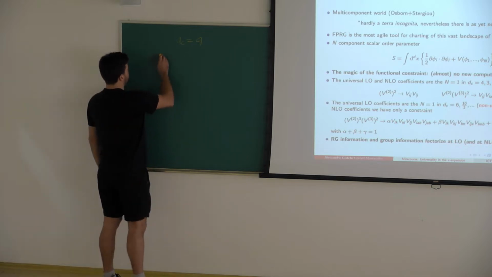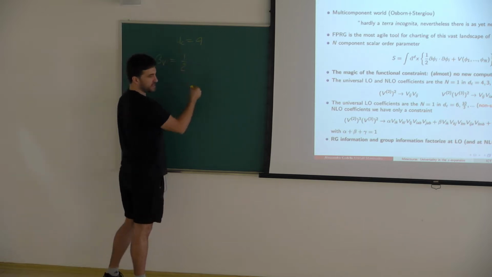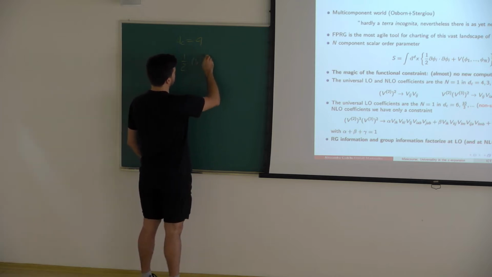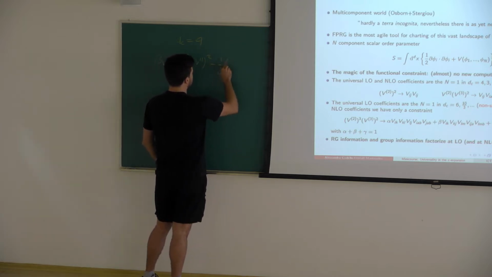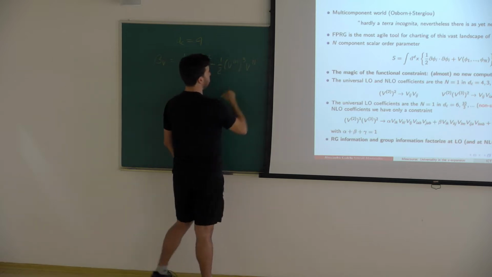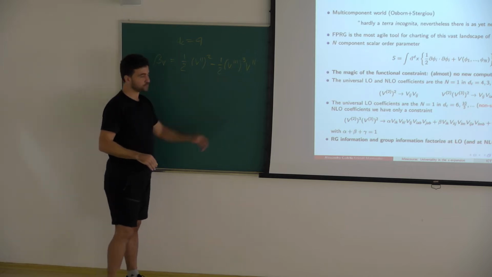Okay, so the beta functional, in this case, let me eliminate the 4 pi's, which I can always redefine away. They have no physical content. This is a simple expression. This is the leading order and next to leading order.